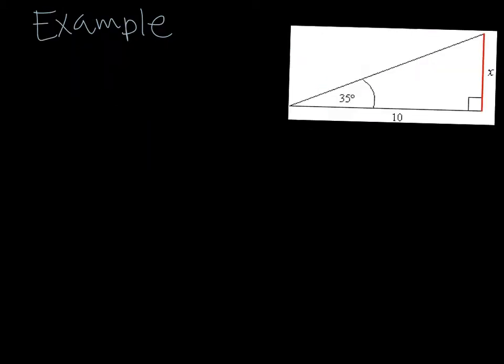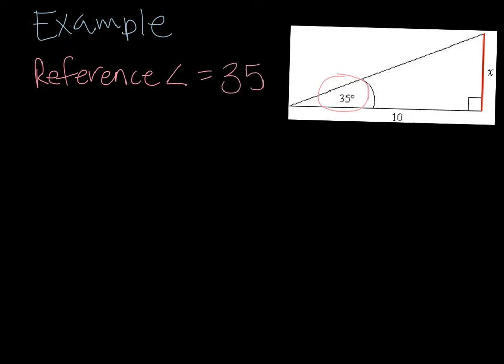Let's try an example together. First, let's write down what we know. Well, first we know the angle we're looking at is angle 35. That once again is called our reference angle. Next, we're looking at the side opposite. So opposite is equal to x.